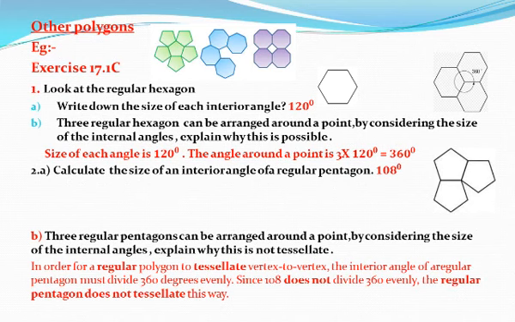The answer here: in order for a regular polygon to tessellate vertex to vertex, as you can see in the picture, the interior angle of a regular pentagon must divide 360 degrees evenly. Since 108 does not divide 360 evenly, the regular pentagon does not tessellate this way. That means 108 is not a factor of 360 degrees.